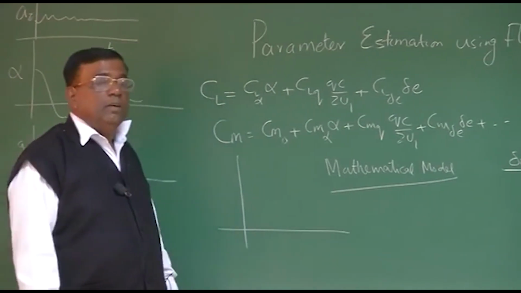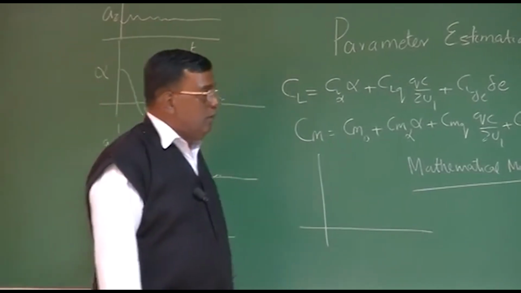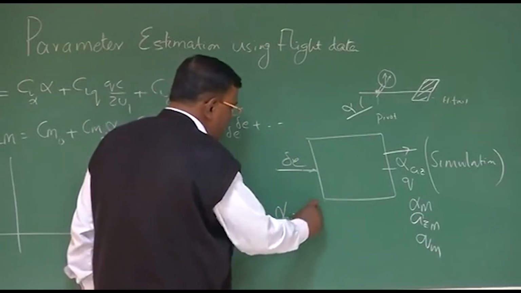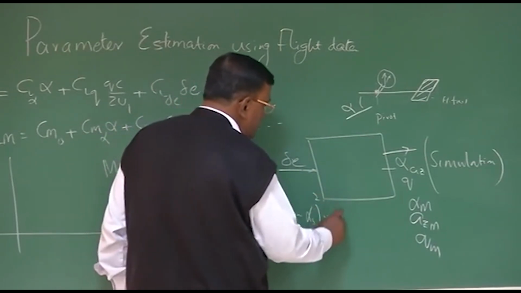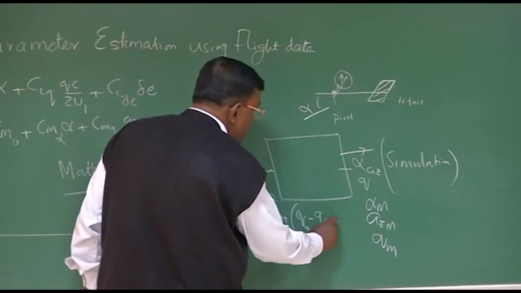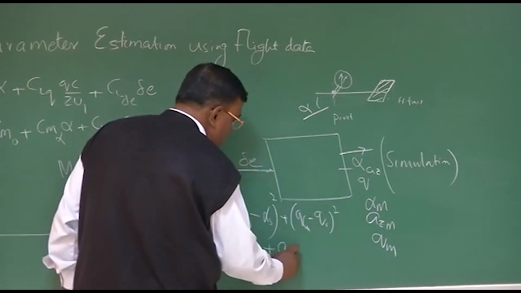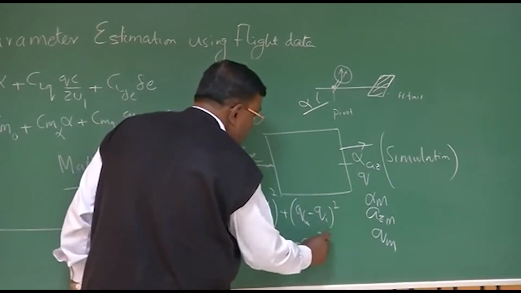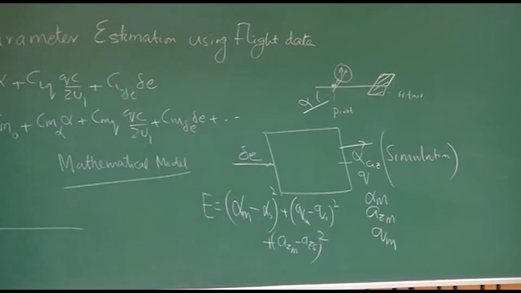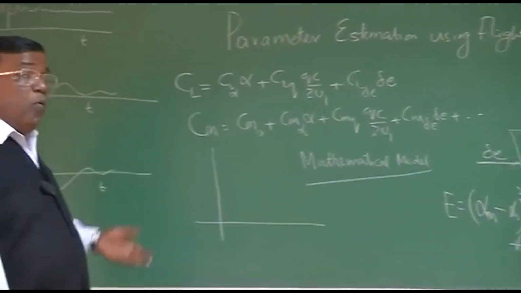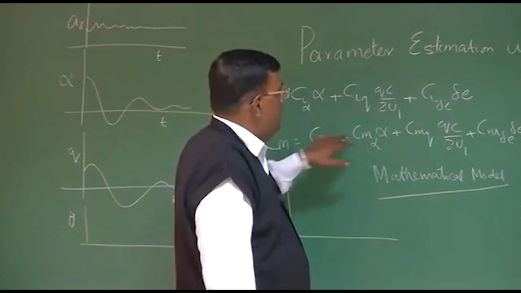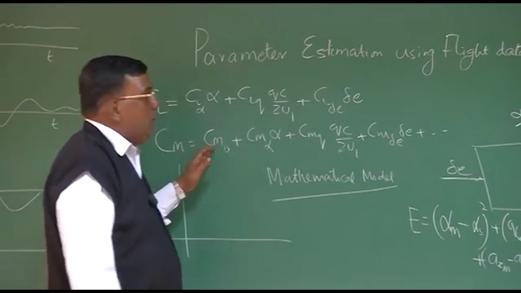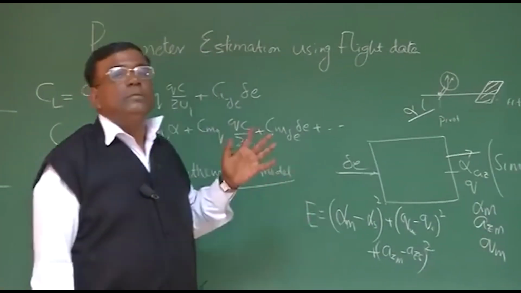So you follow the path of estimation. We find the error, which is alpha measured minus alpha simulated squared, plus Q measured minus Q simulated squared, plus AZ measured minus AZ simulated squared. With this error, we ask a question: what are the values of these parameters?